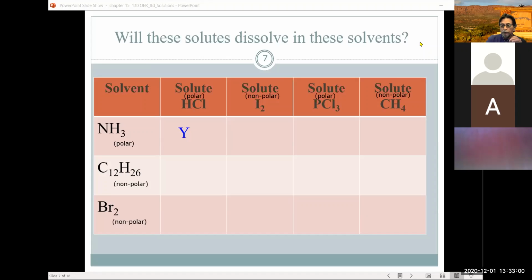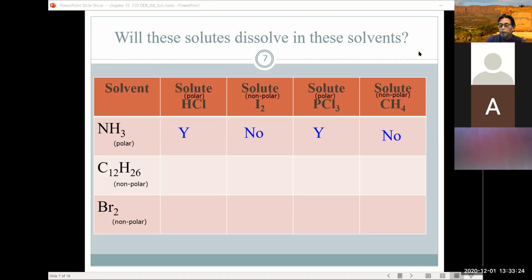What about ammonia and iodine? Would they dissolve? No. Again, because like dissolves like, and iodine is nonpolar and will not dissolve in a polar solvent. The next one would be yes, because they're both polar.